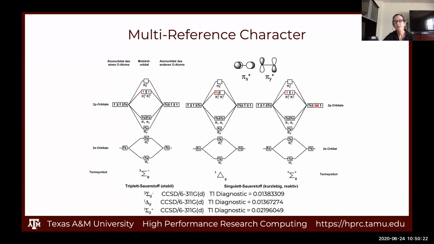So in short, singlet molecular oxygen has strong multi-reference character, okay? But you'll notice that only this one, the sigma G plus, shows a value of over 0.02, okay? This one also has multi-reference character, but it only has 0.013, okay? So that's why the T1 diagnostic is an indicator, but it's not a definitive.